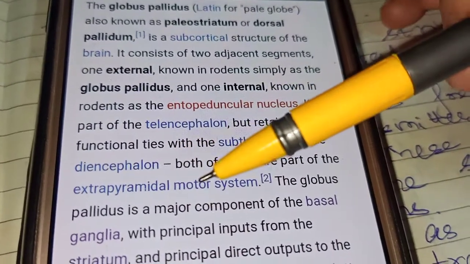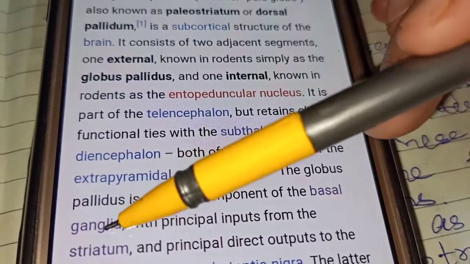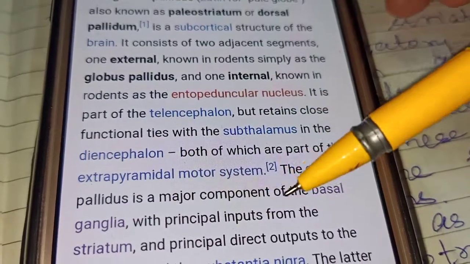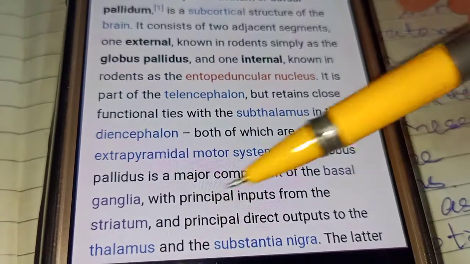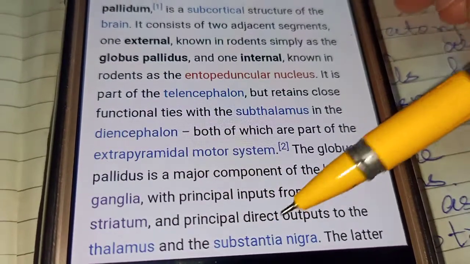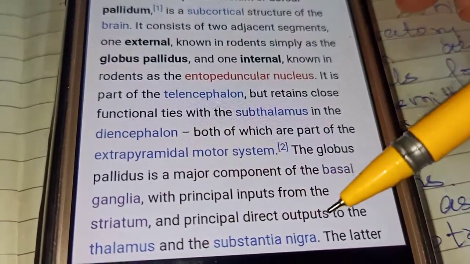The globus pallidus is a major component of basal ganglia with principal inputs from the striatum and the direct outputs to the thalamus and the substantia nigra.